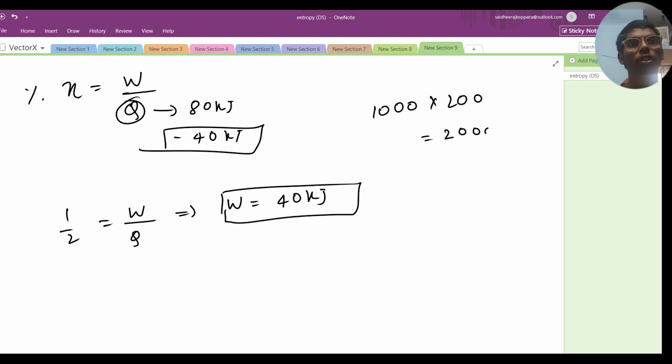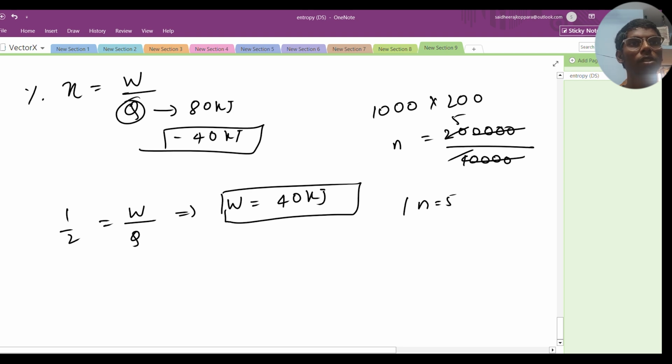If I'm not wrong, it's 2 lakh joules per second. And your total work per cycle is 40 kilojoules. So just divide the total by the work, and the number of cycles will be this. So your value of n is 5.